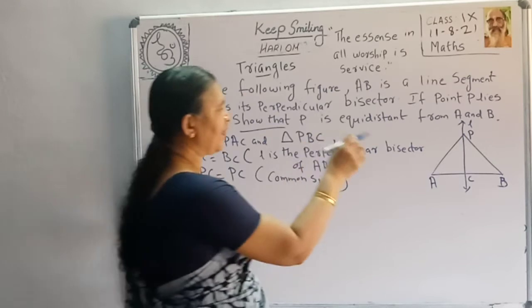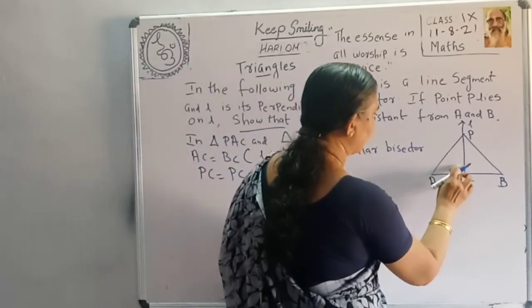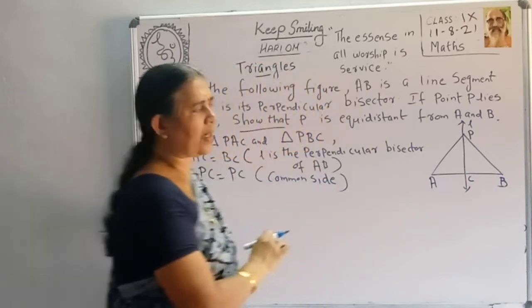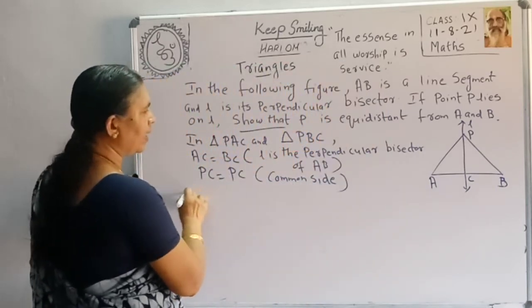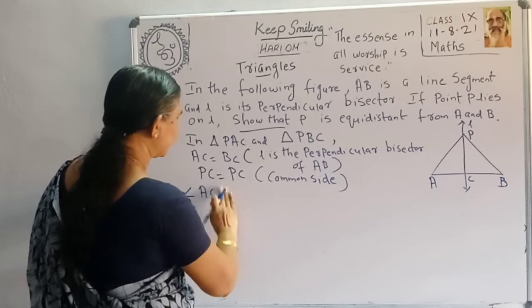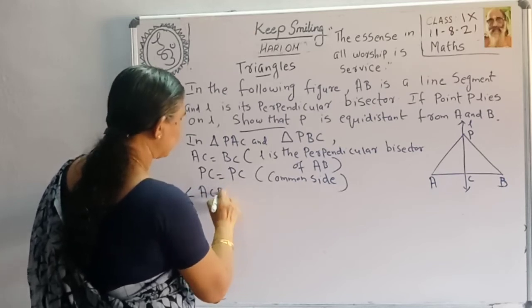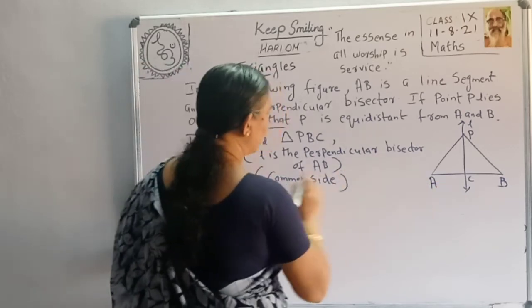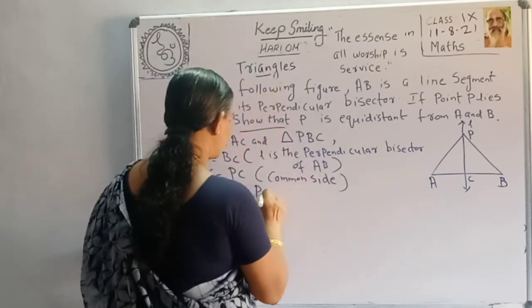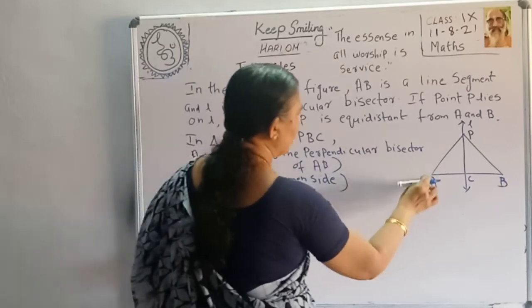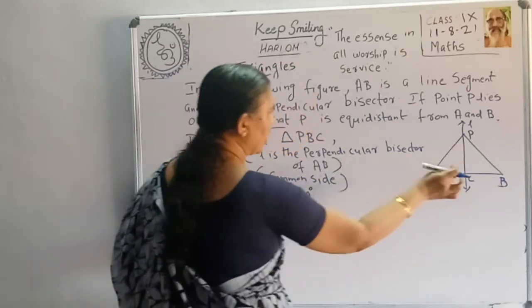Then if L is the perpendicular bisector, what about these angles? These two angles are right angles. They are equal. That is, angle ACP is equal to angle PCB, which is equal to 90 degrees.